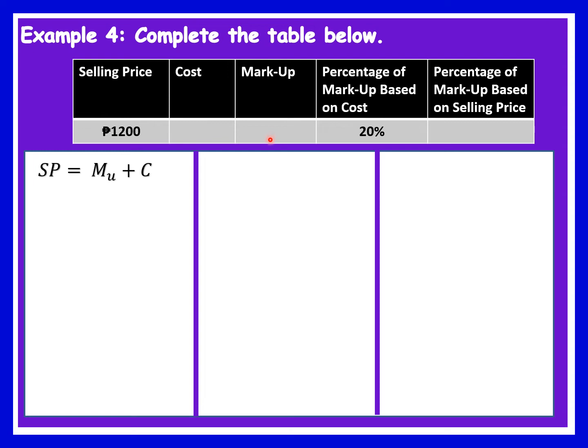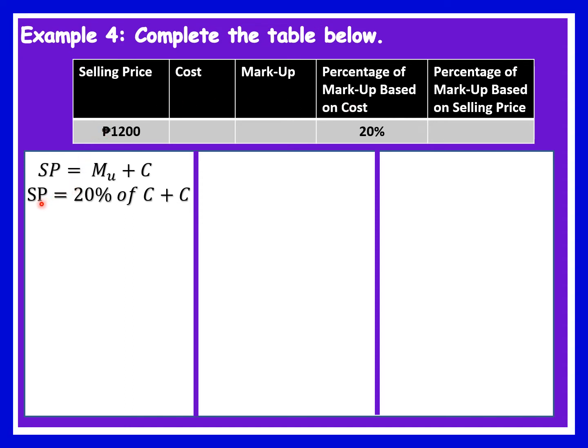So, with that, we will be using the percentage. So, to do that, it is being said na ang selling price ay nakuha kapag kukunin natin ang cost, dadagdagan ng 20% na cost dahil nakalagay dito is 20%, that is the percentage of markup based on cost. Okay?